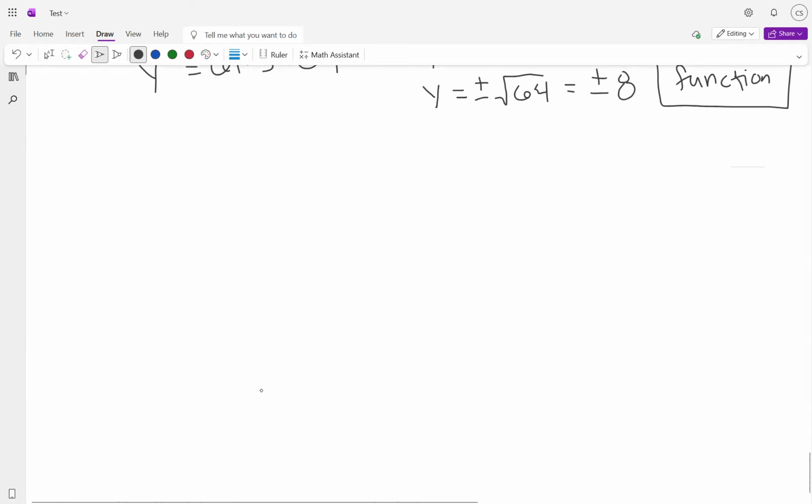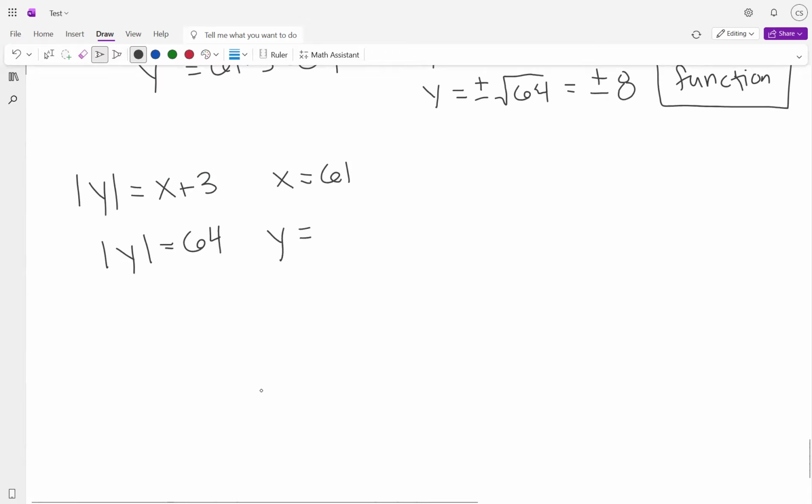Similarly, if I have the absolute value of y equals x plus 3, and I plug in x equals 61, I get the absolute value of y equals 61 plus 3 is 64.